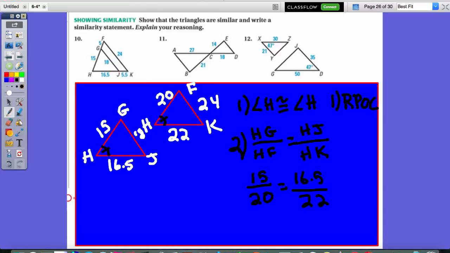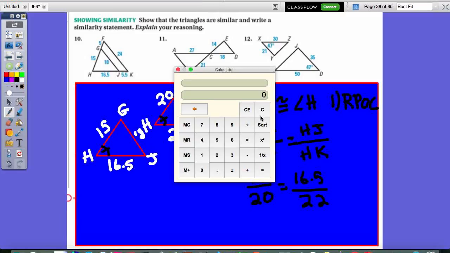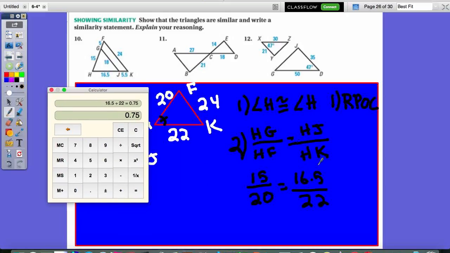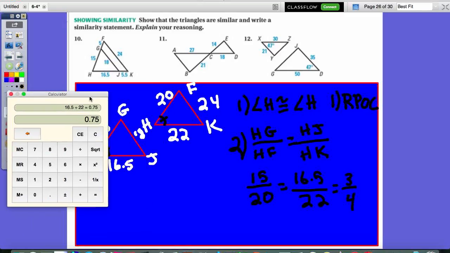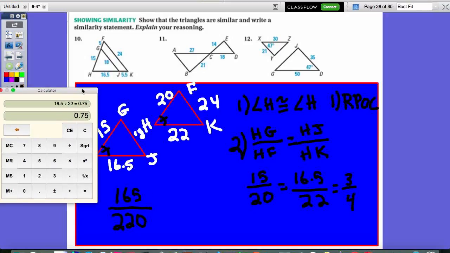If you're not sure because of that decimal in the 16.5 over 22, you can actually in the calculator do 16.5 divided by 22, and that equals 0.75, which is 3/4. And the real math way to do that, to clear that decimal, is 165 over 220, and then start simplifying. 165 divided by 5 is 33.